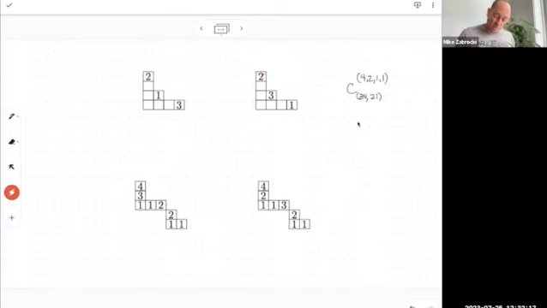The inner shape is 3, 1, 1. And the filling of this object is something which, if you use jeu de taquin, goes to a fixed tableau, not necessarily the superstandard one, but a fixed tableau of shape 2, 1. So that's my first Littlewood-Richardson rule.